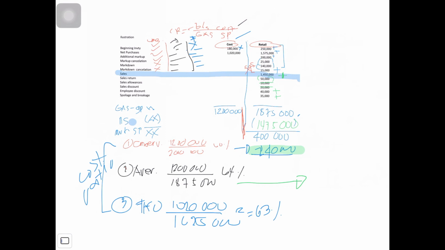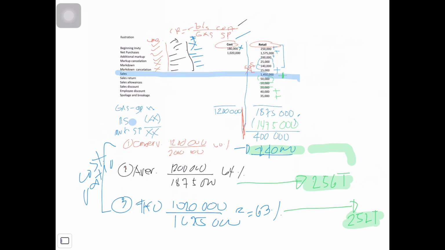That is the ending inventory at cost. If 64%, 400,000 times 0.64 is 256,000. If 63%, 400,000 times 0.63 is 252,000.